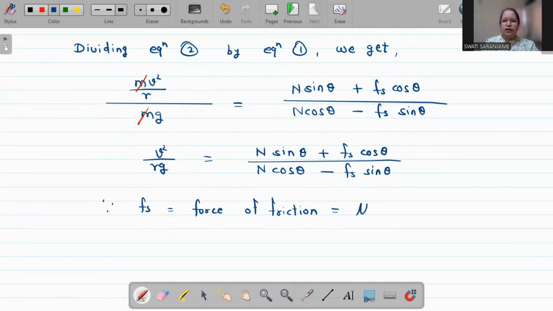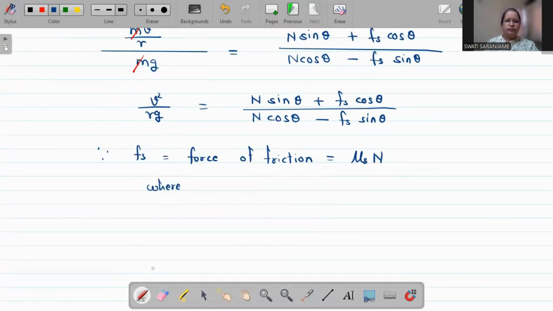It is represented by mu s N, where mu s is the coefficient of friction and N is the normal reaction.